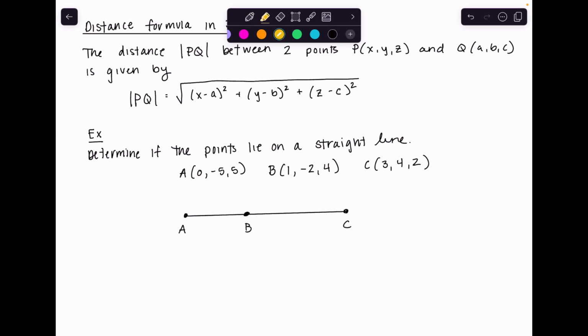Okay. So what I can do, because I know how to calculate the distance between 2 points, this distance here is the distance from A to B. This distance here is from B to C. And if I add those together, it better give me this longer distance from A to C.